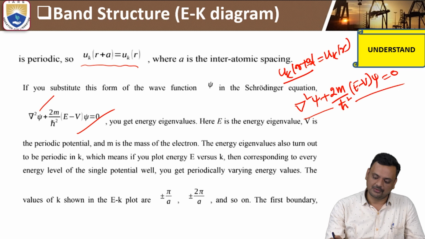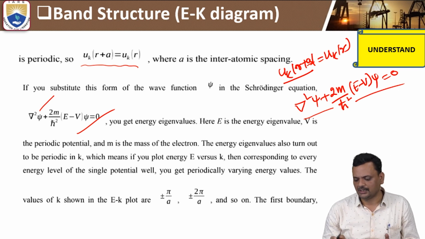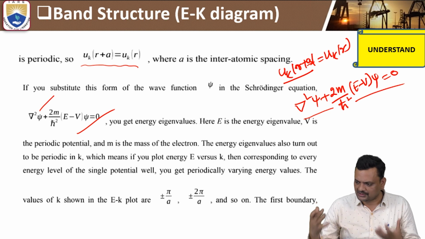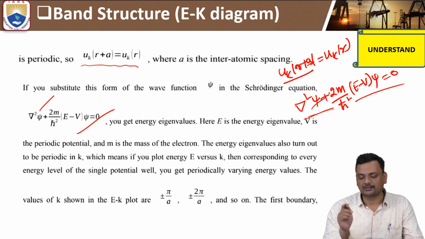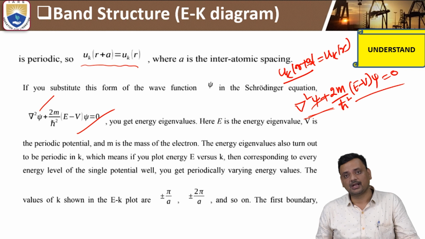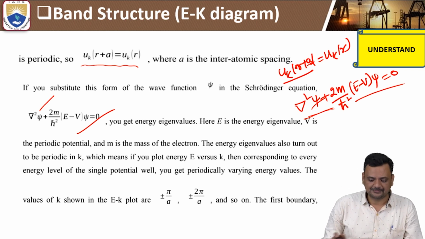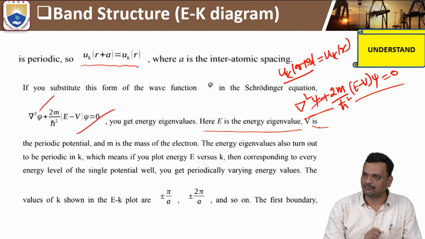If you consider any kind of wave function, then that wave function must satisfy the Schrodinger equation. So what is the Schrodinger equation? This one. If you put that type of wave function in the Schrodinger equation, you will get the eigenvalue. You can solve for energy. Here E is the energy eigenvalue.